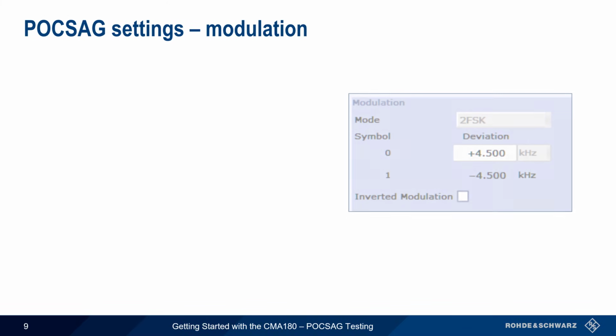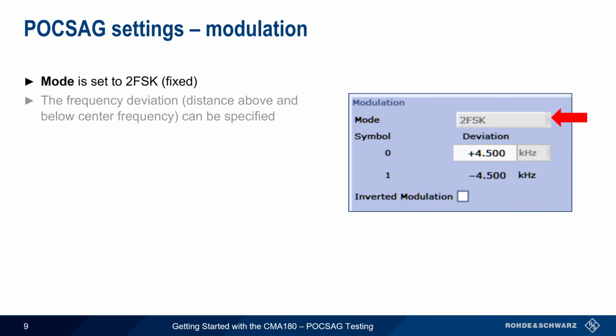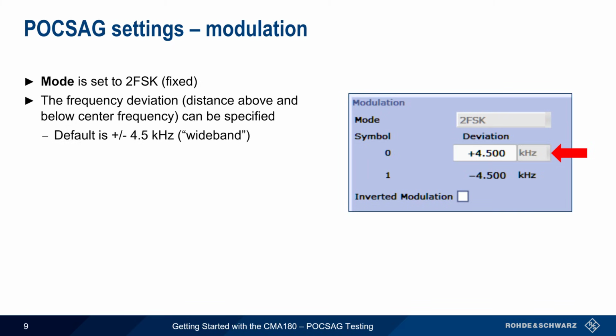Although the modulation settings display the mode, this value is fixed to 2 FSK for POCSAG transmission. The other important parameter is the frequency deviation, that is, the distance above and below the center frequency. By default, this is set to plus minus 4.5 kHz, which is the common wideband spacing used by many POCSAG systems.